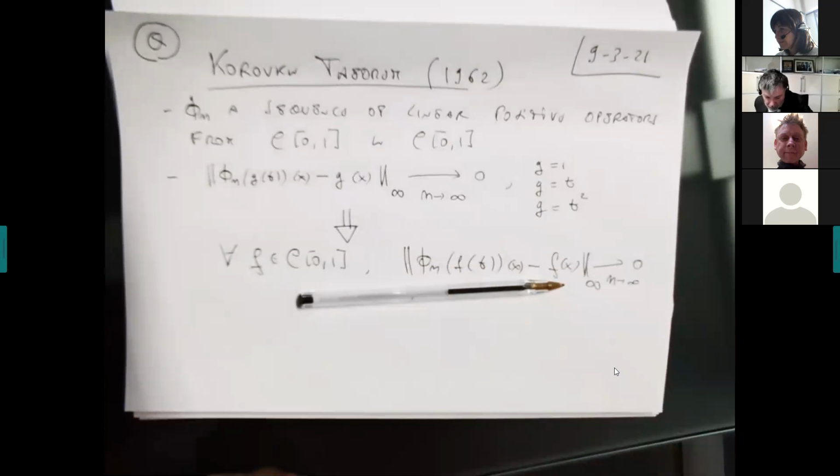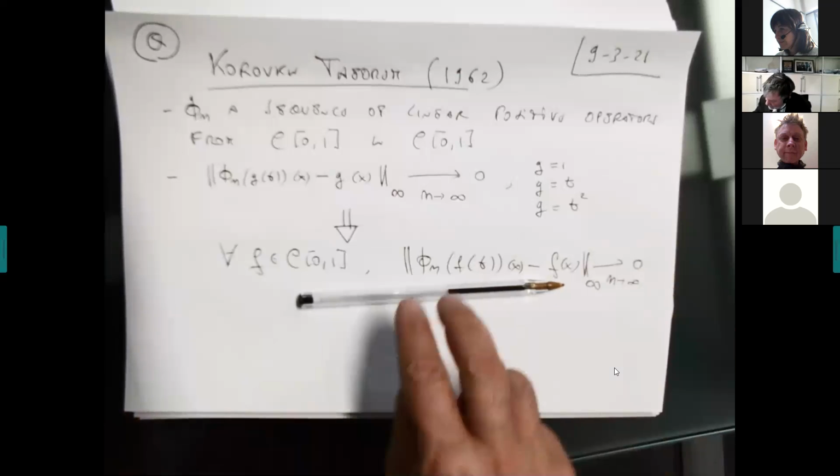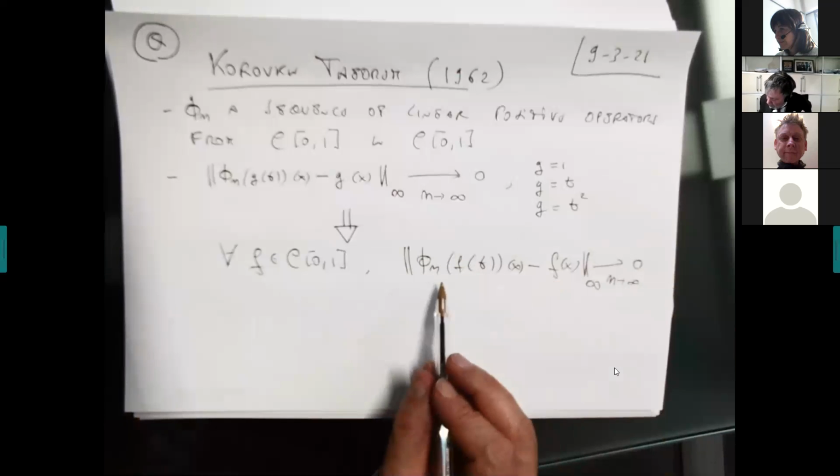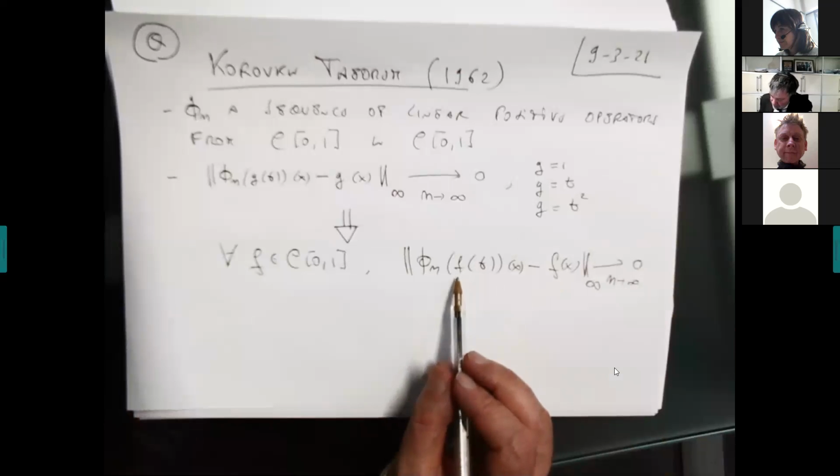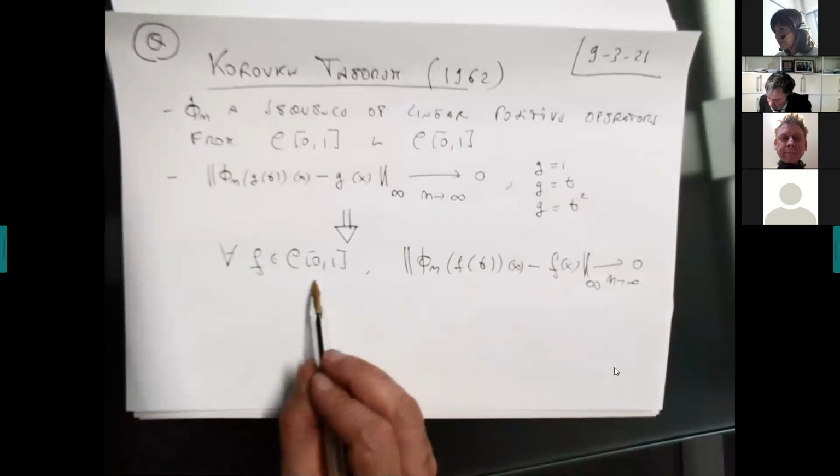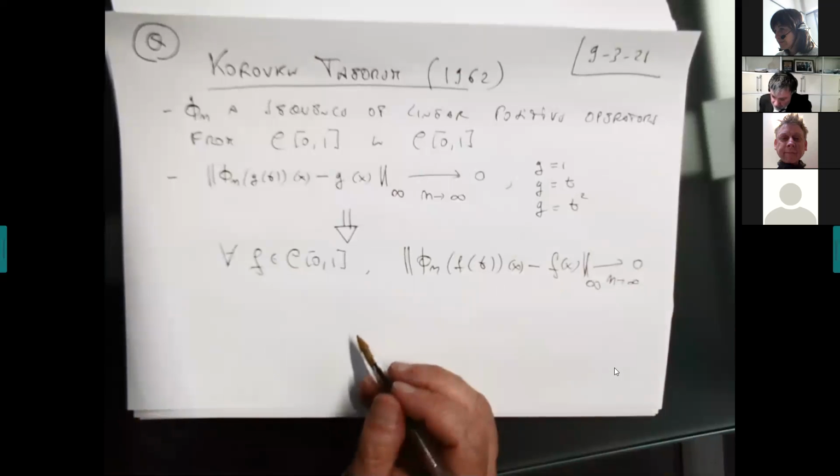Before we go on, I want you to think on the sense of this theorem. You have a process for approximating a function. If I prove that this process is successful on three stupid functions, 1, t, and t squared, then this is true for any continuous function in 0, 1. No matter how regular it is.